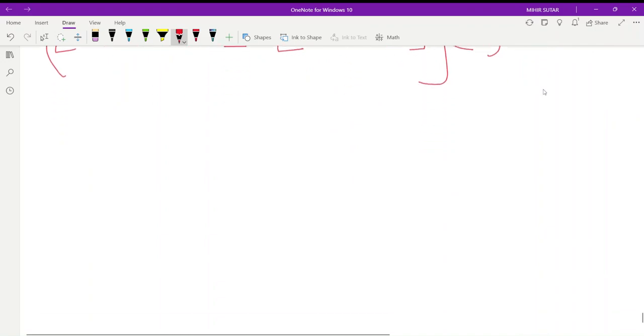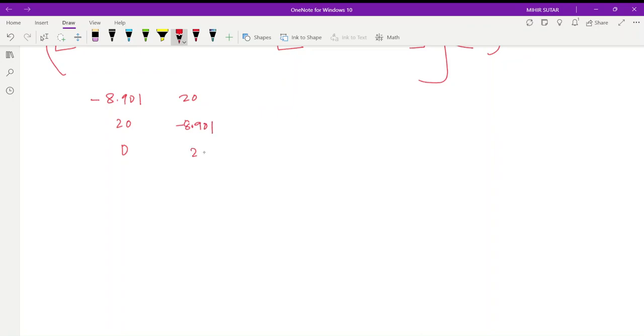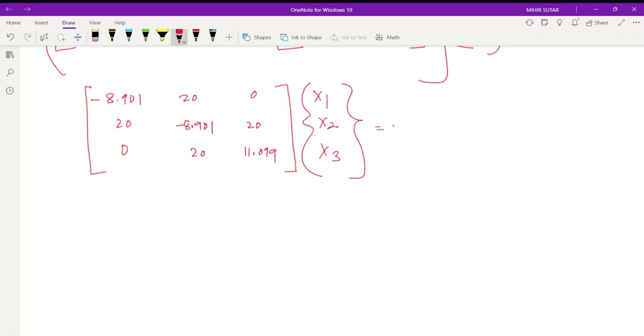So if you solve this, we'll have minus 8.901, 20, 0, then 20, minus 8.901, then 20, then 0, then 20, 11.099, then x1 x2 x3 is equal to 0.